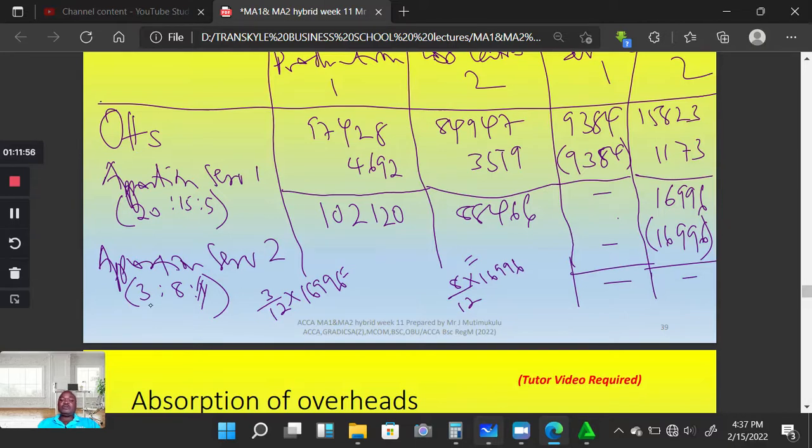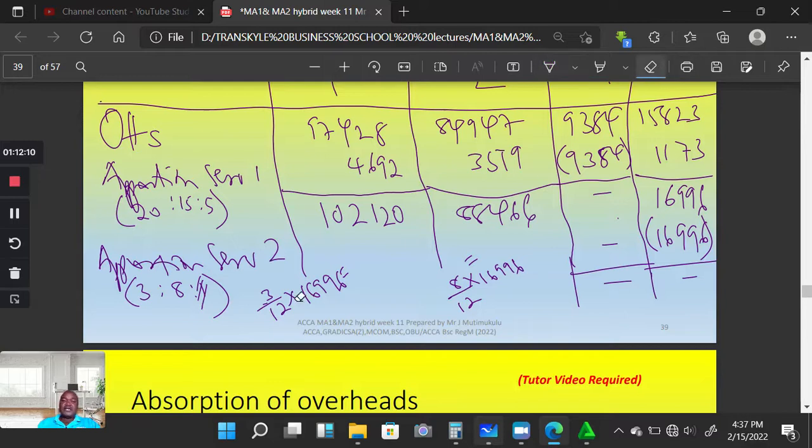So we're going to work with 3 and 8. That gives 3 over 11 and 8 over 11.